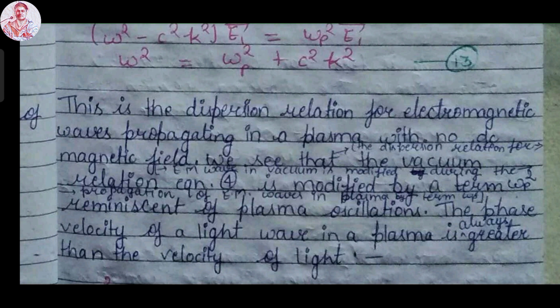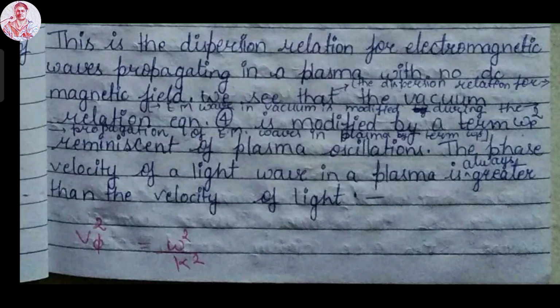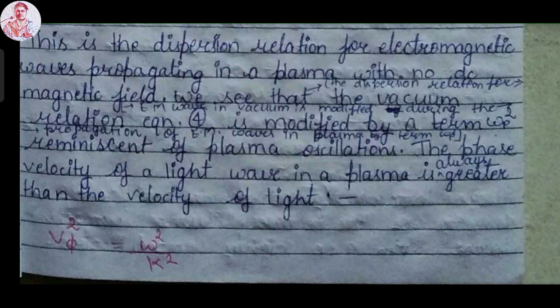This equation represents the dispersion relation of electromagnetic waves in unmagnetized plasma. The phase velocity of light waves in plasma is always greater than the velocity of light. As we know, the phase velocity v phi is equal to omega by k. Squaring both sides, we get v phi square is equal to omega square over k square.